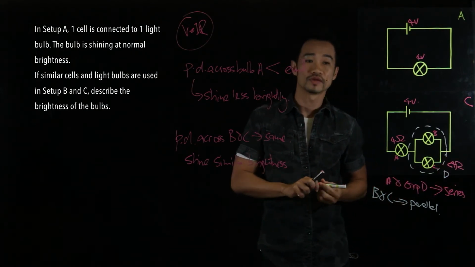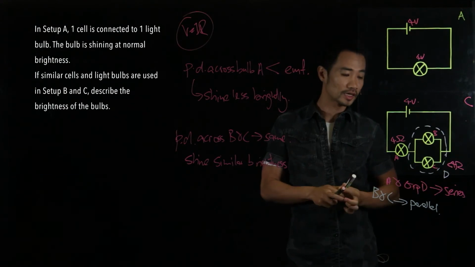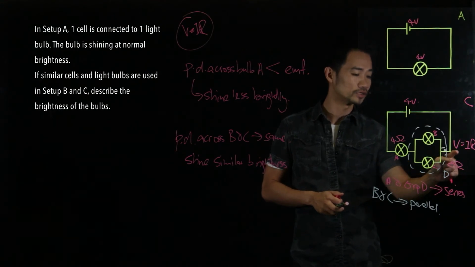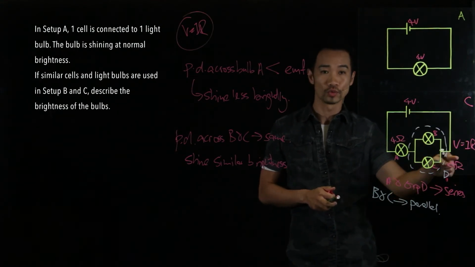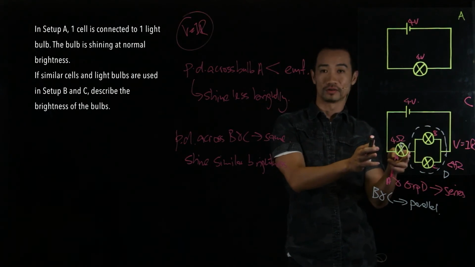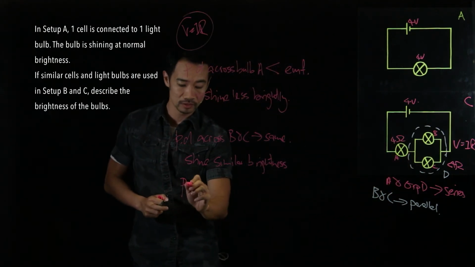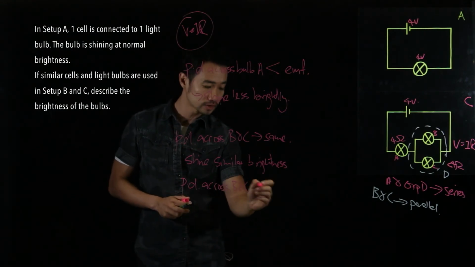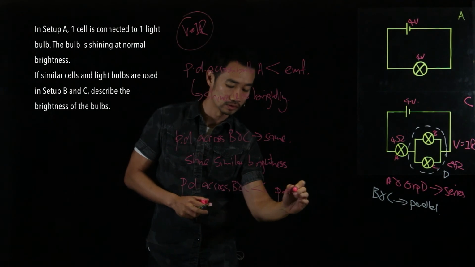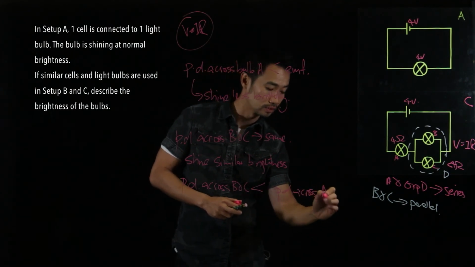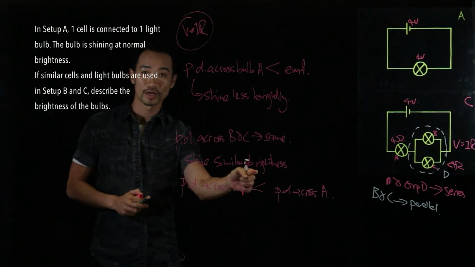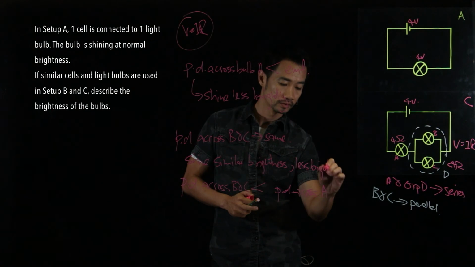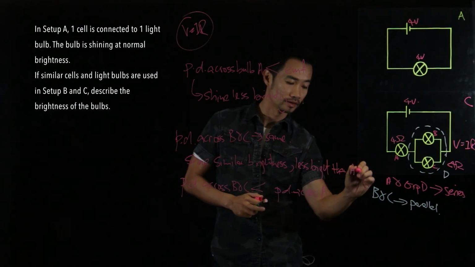Using V equals IR, the potential difference across here, because of a lower resistance, will be lower compared to here. So the PD across B and C must be less than the PD across A. It means that B and C will shine at similar brightness to each other, but less bright than A.